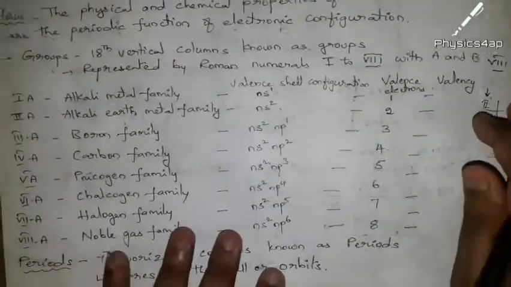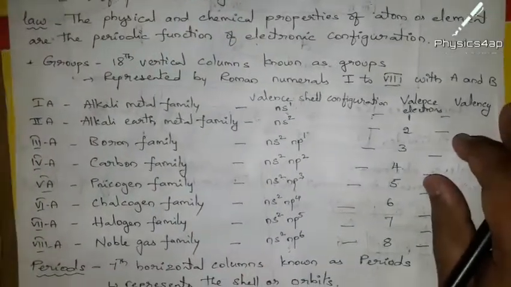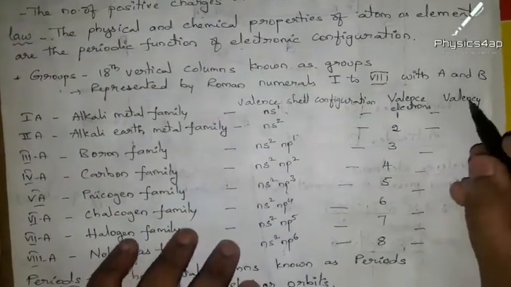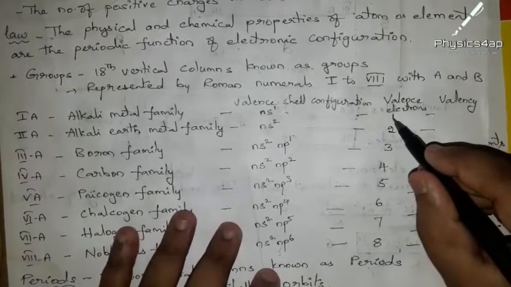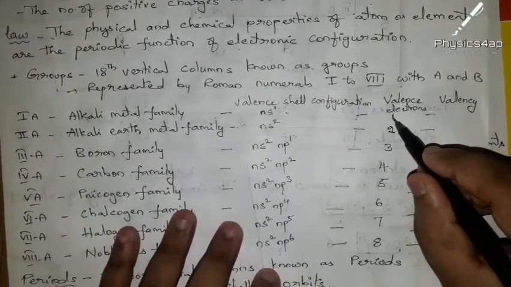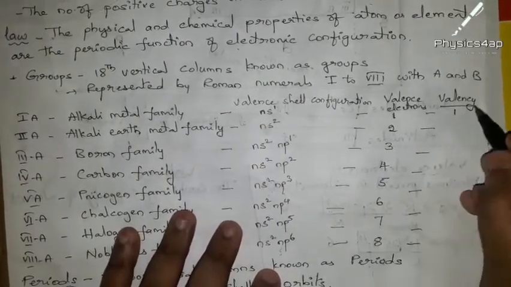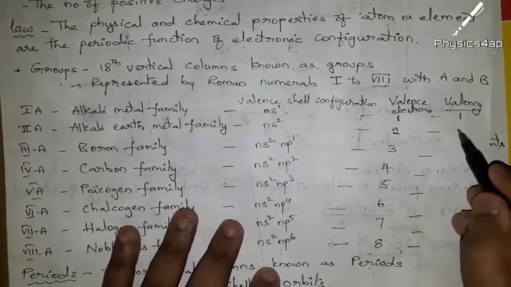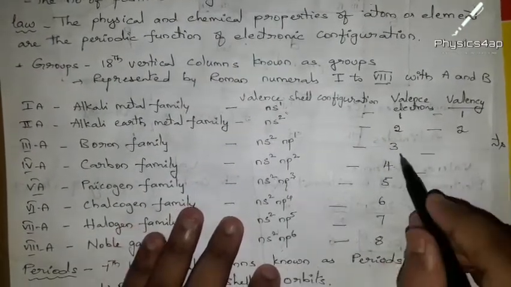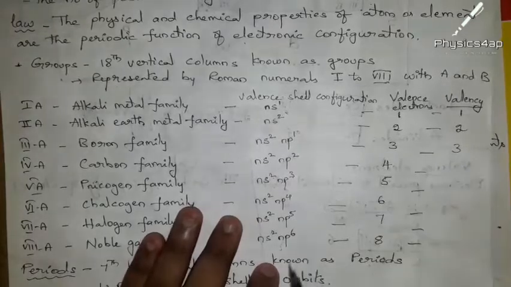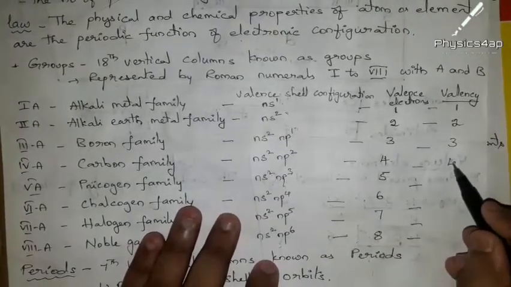Now coming to the valency. For the first 4 groups, if the valency electrons are 1, then the valency is also 1. If it is 2, the valency is also 2. If it is 3, it is also 3. If it is 4, it is also 4.